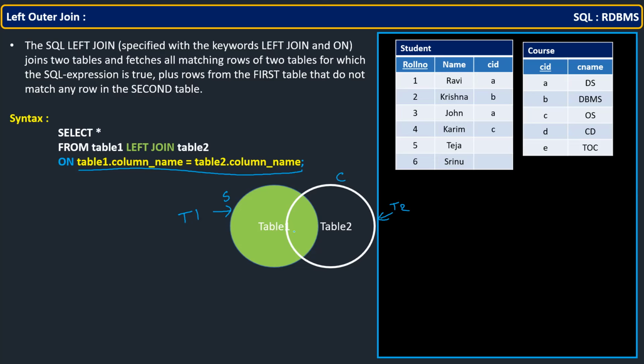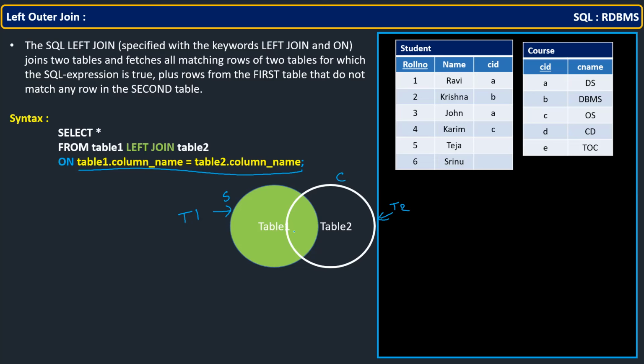For example, I written a condition like this from these two tables. So table 1 is, for example, student. Let me write. Select star from student table S left join course C on.